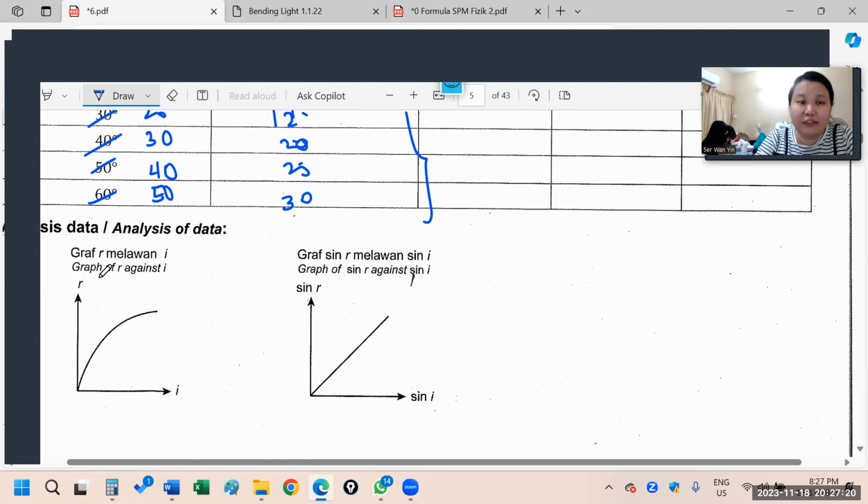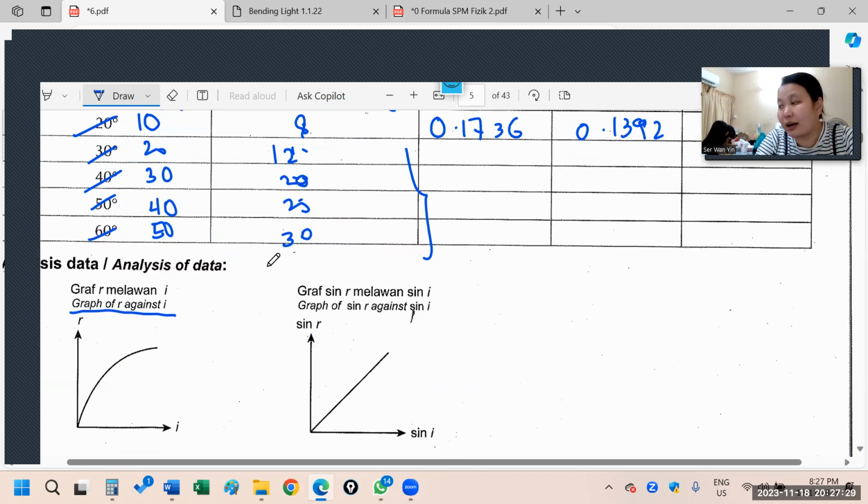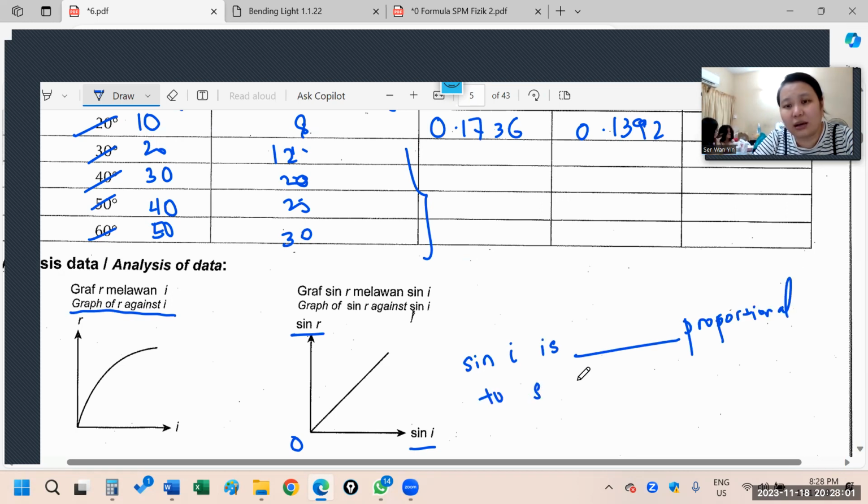If the graph is r against i, the graph is curved. But in physics, we don't want the graph to be curved. We want it straight so that we can determine the relationship. So how to make it straight? We use sine r against sine i. Then we will get a conclusion. Sine i is what proportional to sine r?